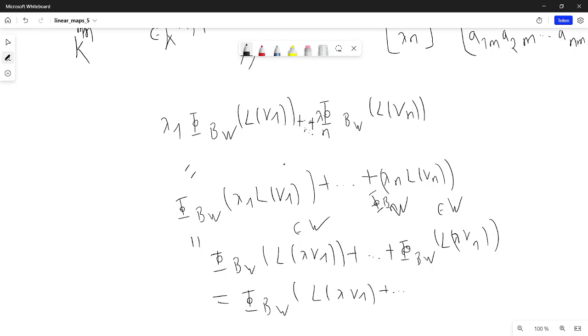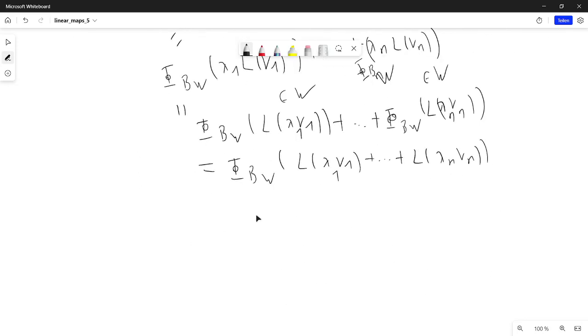Okay, not lambda, of course, not just lambda. It's different constants. So always different constants, and they are kept different in general. Lambda n, the n. And finally, not yet finally, we obtain that this thing inside is just equal, by linearity of L, to the sum. Yes, finally, to the sum i equals 1 to n lambda i vi.